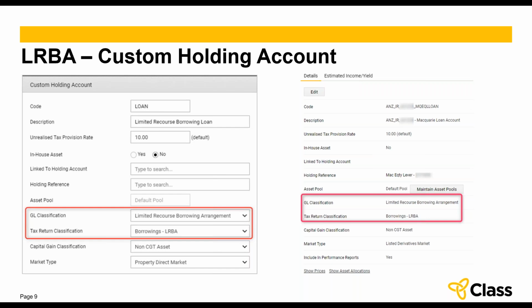You set up the general ledger classification as limited recourse borrowing arrangement, but the tax return has to be borrowing - LRBA. On the right hand side is an example of how the custom holding account is automatically created by the feeds that support Macquarie equity lever products. Basically, every parcel of shares that you bought through that product will automatically create a loan account to support that.